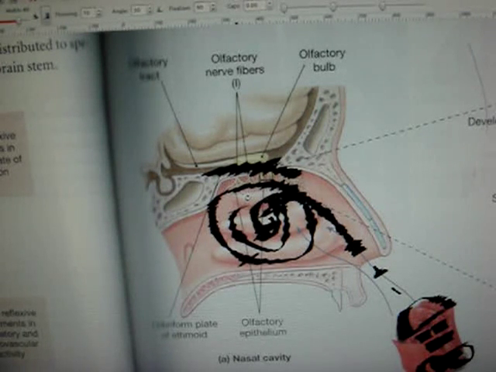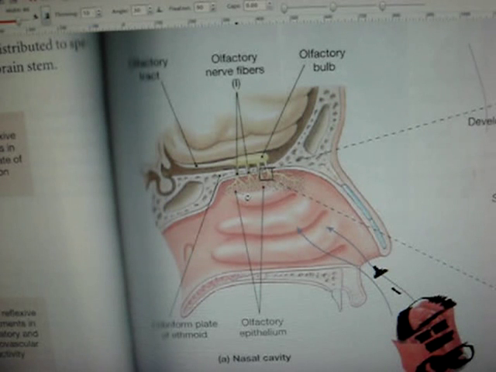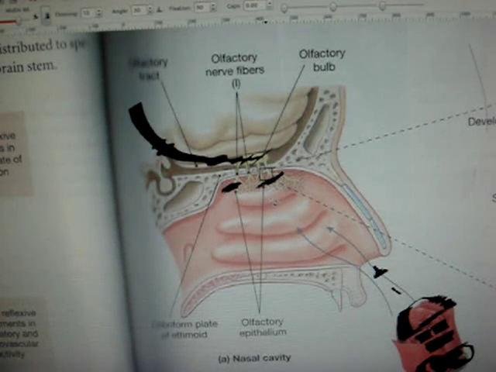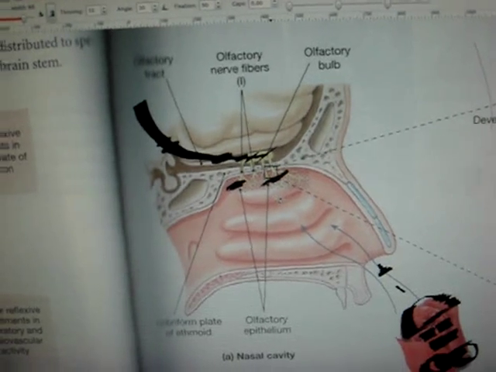The receptors will be stimulated. Oh, quick note first: receptors are just really modified neurons. So once they're stimulated right around here, they'll send a signal to the olfactory bulb, which then goes to the olfactory cranial nerve. But I'll explain more in the next diagram.